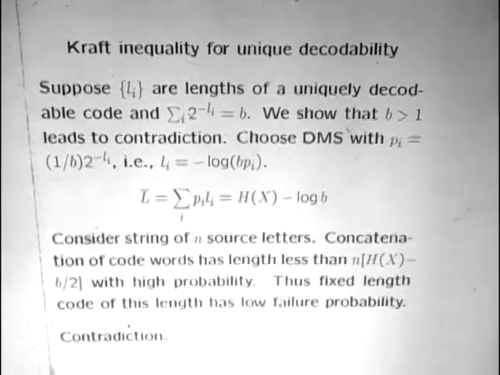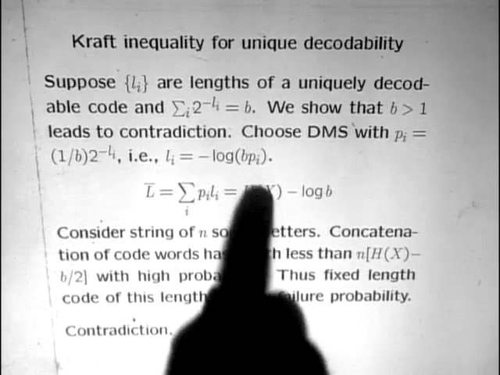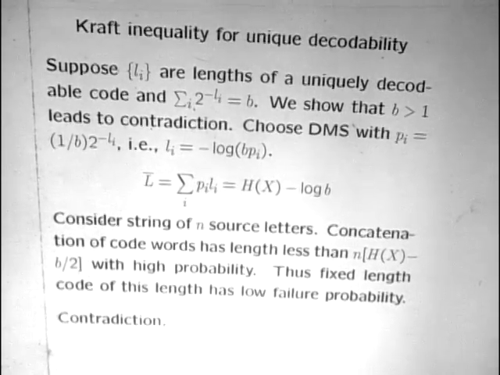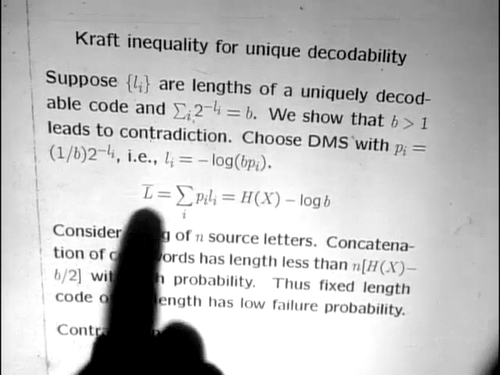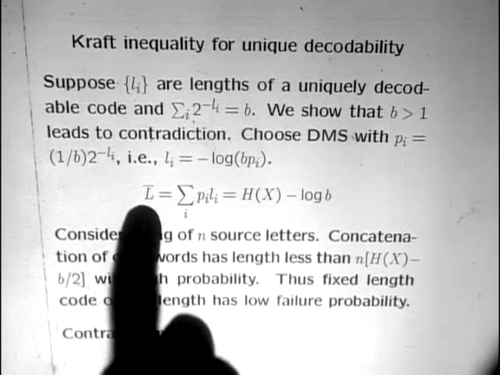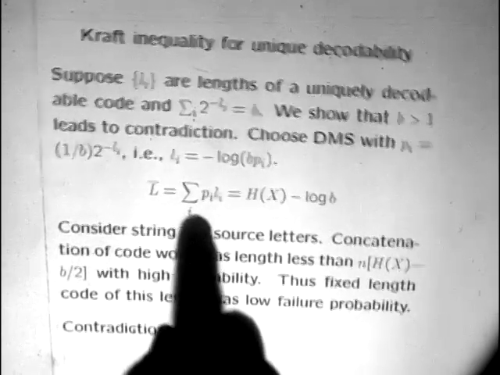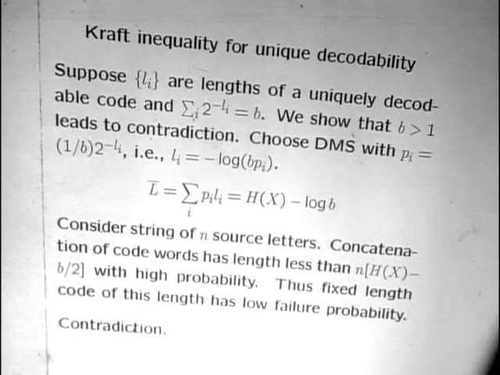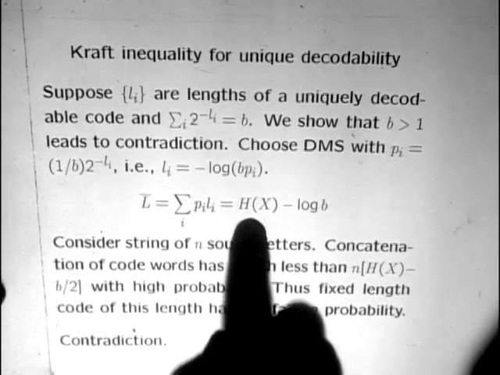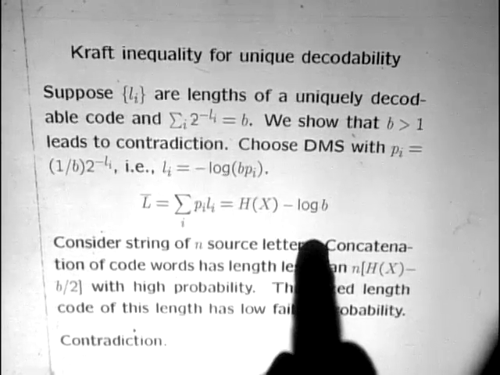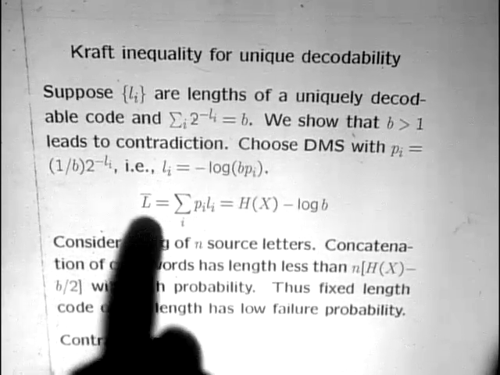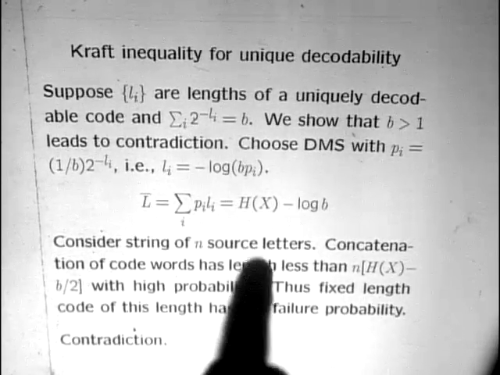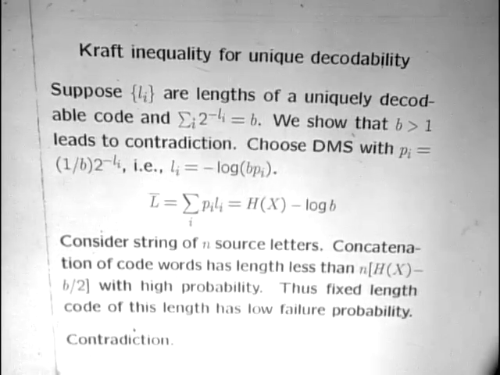So the lengths are going to be equal to minus log of b times p sub i, which says that the expected length of the code words is equal to the sum of p sub i l sub i, which is equal to the entropy minus the logarithm of b. Okay, which means I can get an expected length which is a little bit less than the entropy.